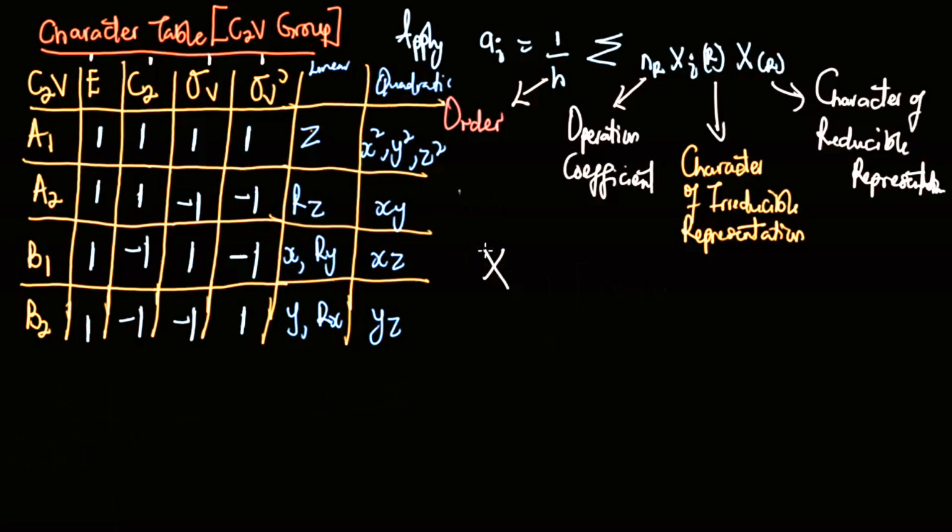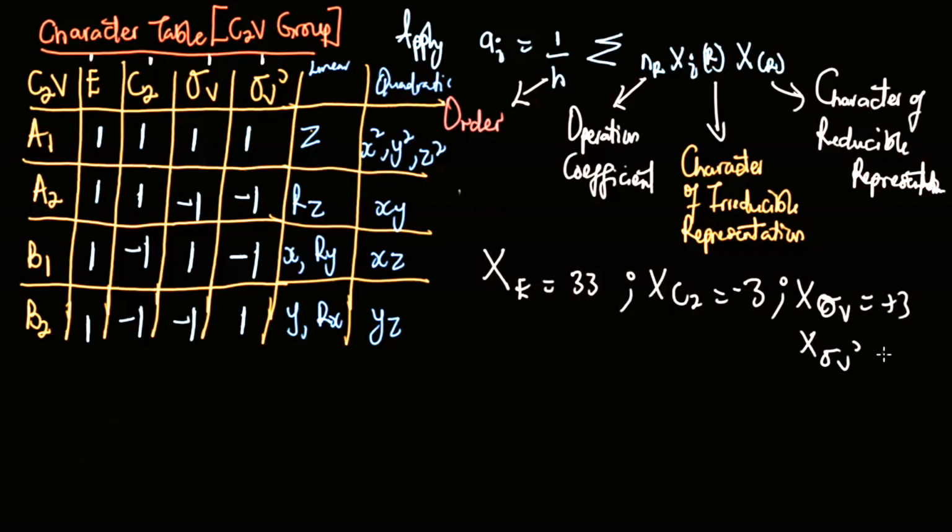So we already said that the character of identity is 33, that of C2 is minus 3, that of sigma V is plus 3, and that of sigma V prime is 11, right? So the next thing we need to do is determine the value of the irreducible representation.